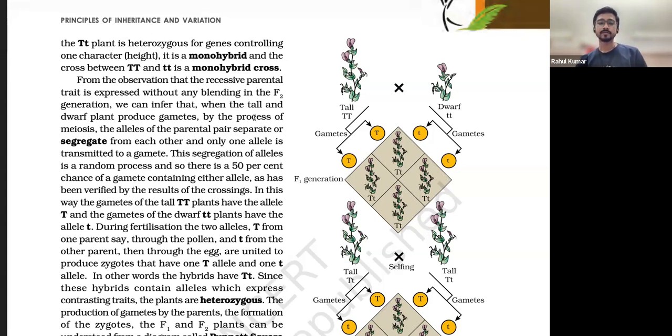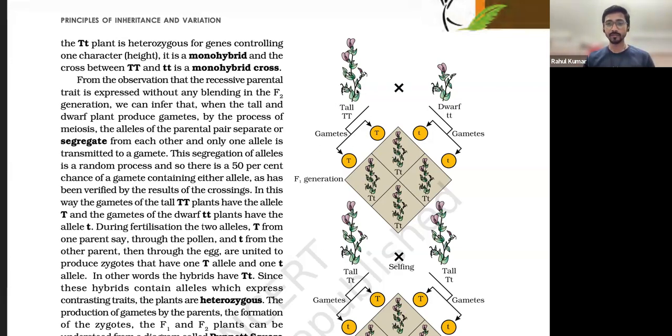So do you now figure out that there is a very easy way to test if a plant is homozygous tall or heterozygous tall? You just cross it with a dwarf plant. If you cross a tall plant with a dwarf plant and in the first generation you get all tall, it means it was pure tall to begin with.